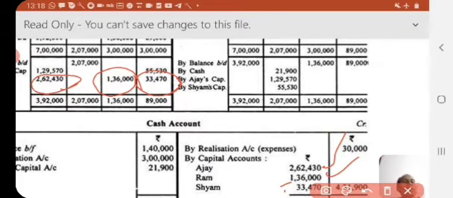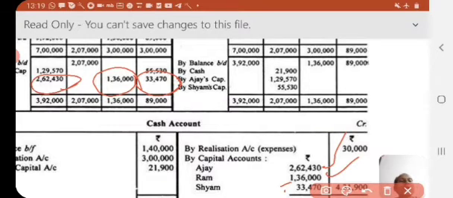Three partners, Ajay, Ram, Sham, have received some amount, that is 2,62,430, 1,36,000, and 33,470 respectively. These amounts are paid by the firm at the time of dissolution.